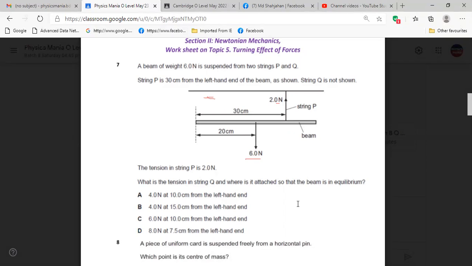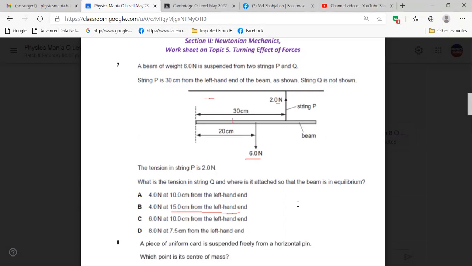So it's either A or B, either of these two. And when we calculate it at B, it says 4 Newton at 15 centimeter from the left-hand end. So it will be somewhere here.